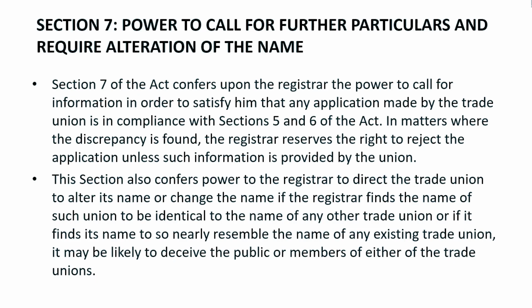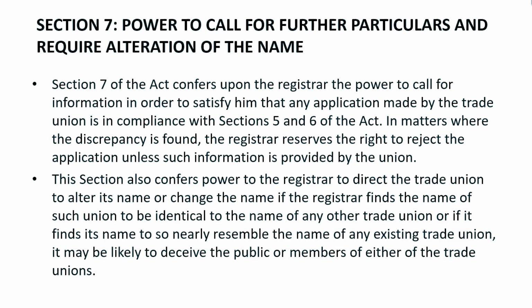If the registrar feels so, because if we had the same name, it would mislead the public, the registrar can convey to them: change the name of the trade union, for the better functioning of this act.